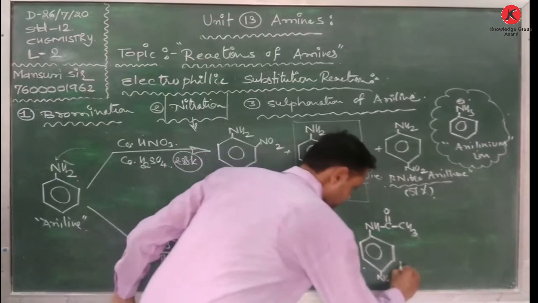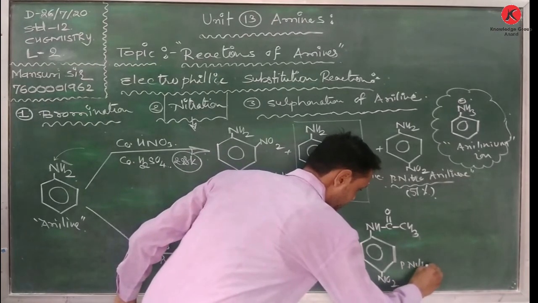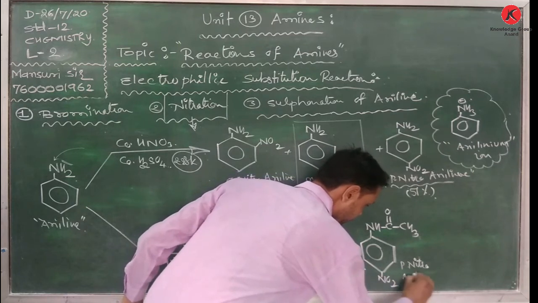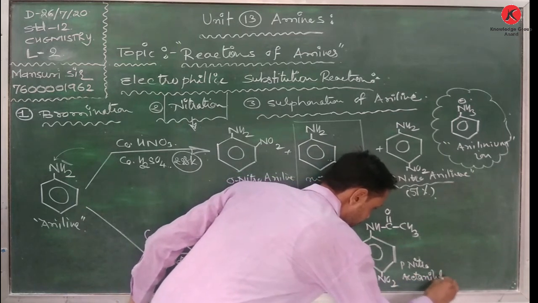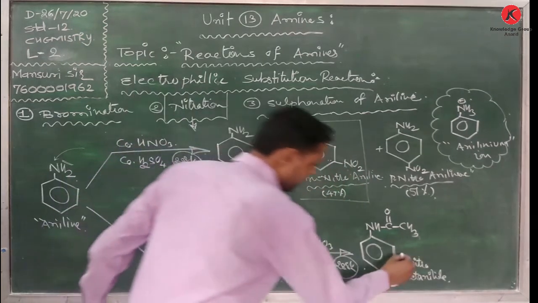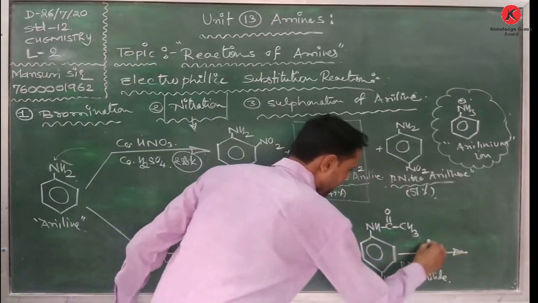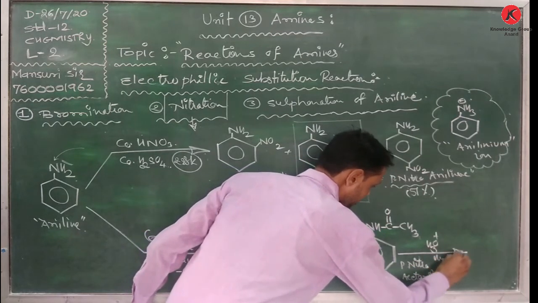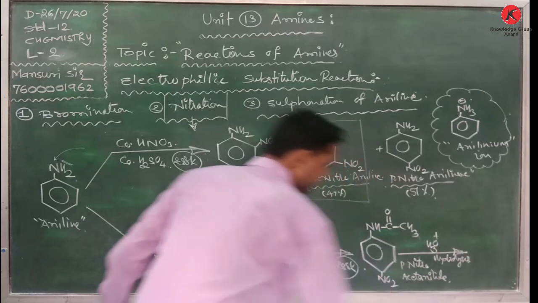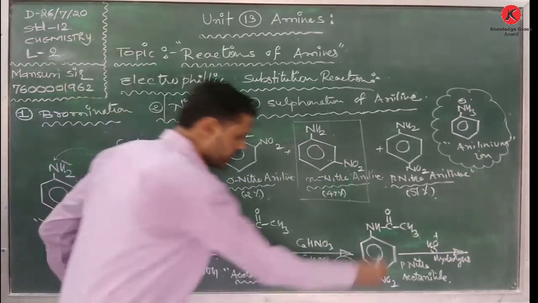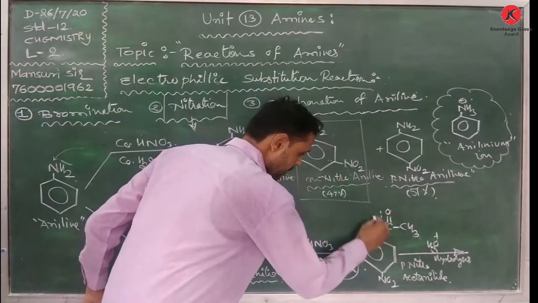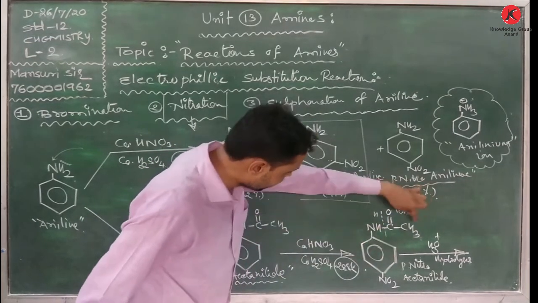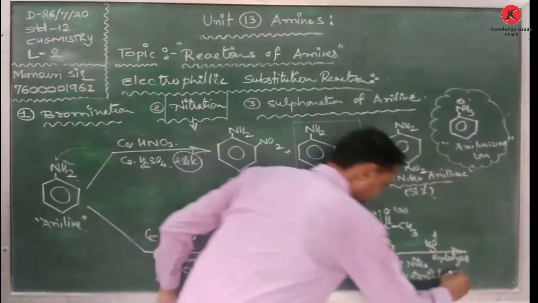This is para-nitroacetanilide, and by hydrolysis we can obtain H and OH. So OH will be going on this side, that is why acetic acid will be removed.